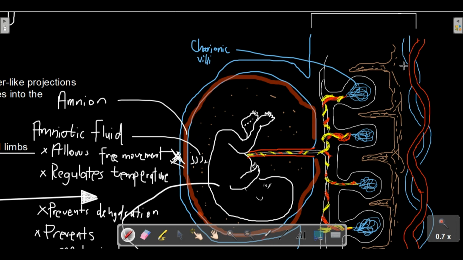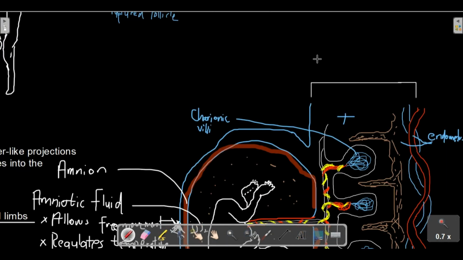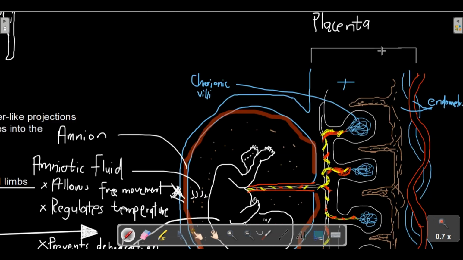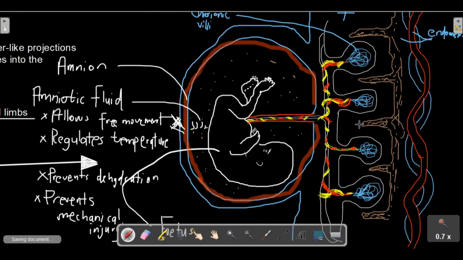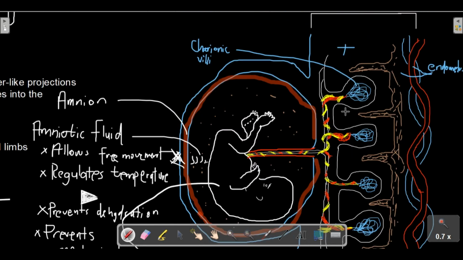Now, the chorionic villi, along with the endometrium, both of these form a very important structure that we call the placenta. So all of these tissues, the maternal tissue and the fetal tissue here, along with the chorionic villi and the endometrium, they all form the placenta.